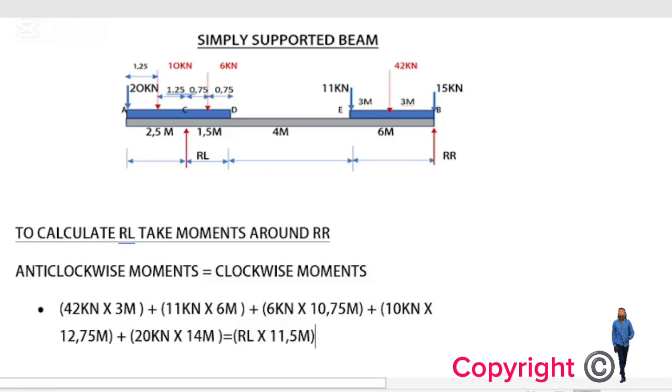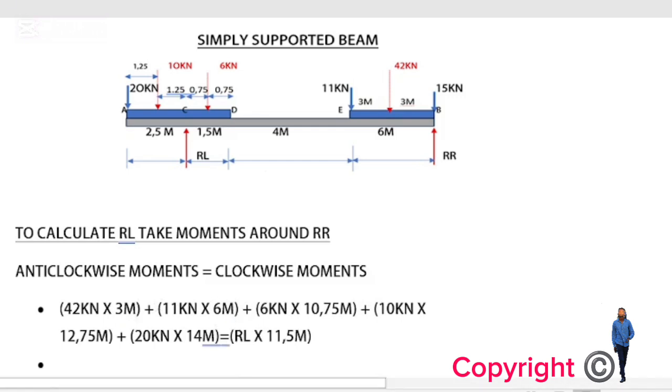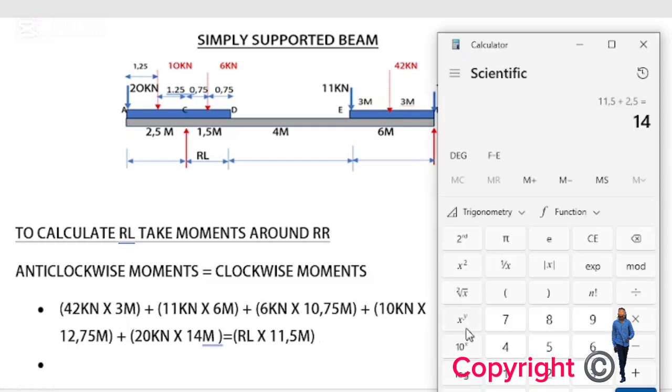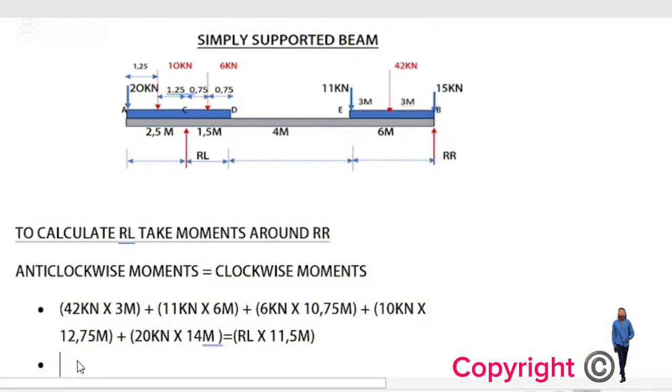So let me use my calculator. 42 times 3 equals 126. This is 126 kilonewton meters.